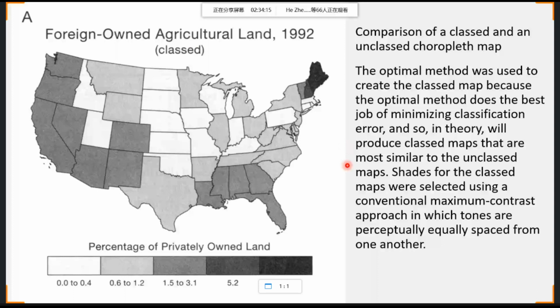Shades for the classed maps were selected using a conventional maximum contrast approach in which tones are perceptually equally spaced from one another. So these tones here, these gray values, they should be about equally spaced from each other. And this is the percentage of privately owned land in the different states.